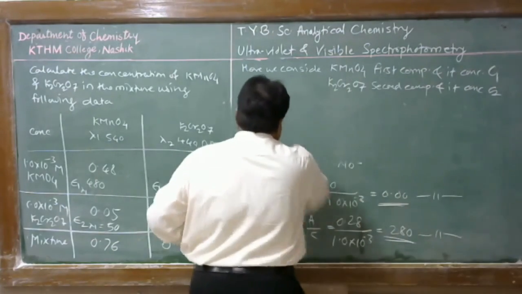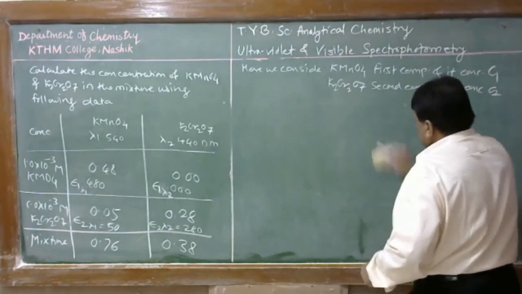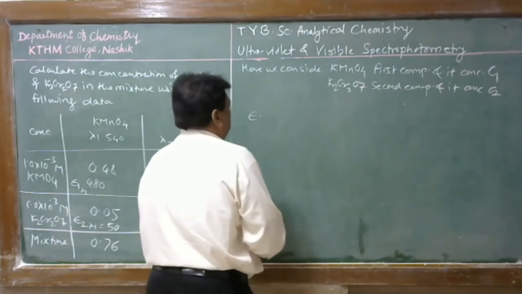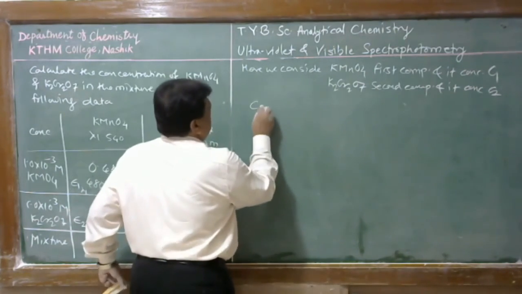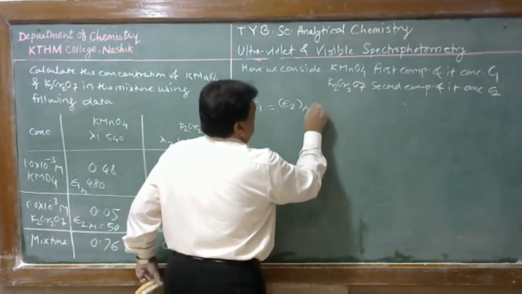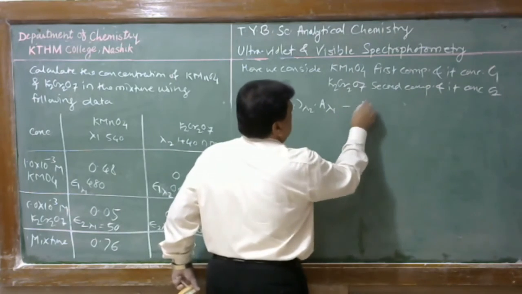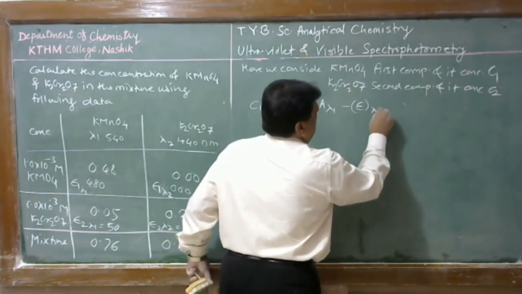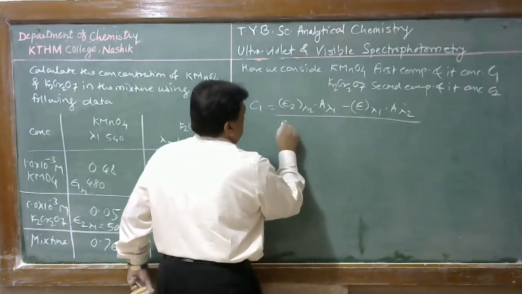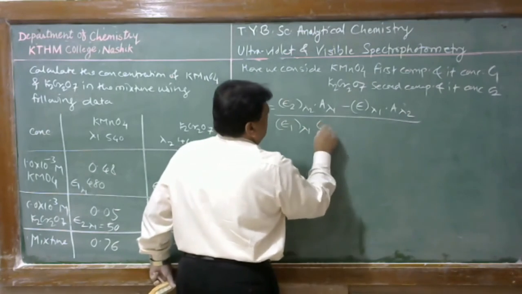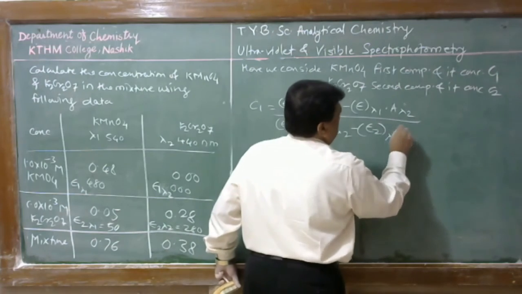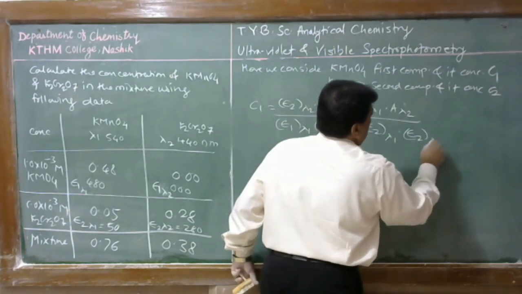C1, the concentration of the first component, is equal to epsilon 2 at lambda 2 into absorbance at lambda 1 minus epsilon 2 at lambda 1 into absorbance at lambda 2, divided by epsilon 1 lambda 1 into epsilon 2 lambda 2 minus epsilon 2 lambda 1 into epsilon 1 lambda 2.